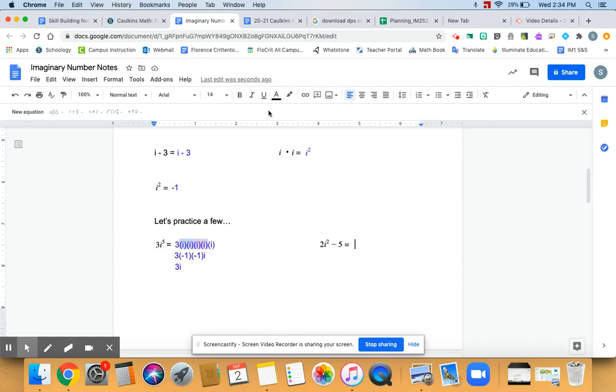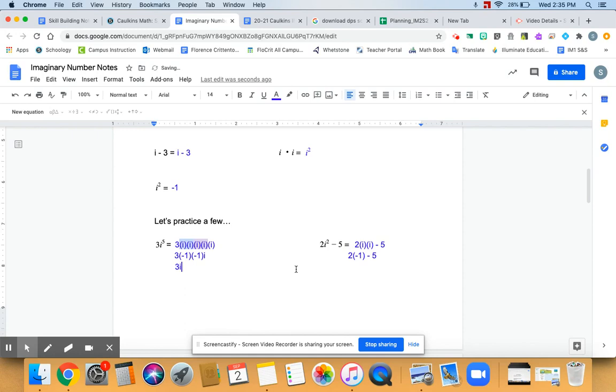Let's do another one. So 2 times i squared means what? What can I replace i squared with? So i squared is i times i, and then I still have a -5. But remember, every i times i can be replaced, or just at the i squared step, you could have replaced it with the fact that it's the same thing as -1.